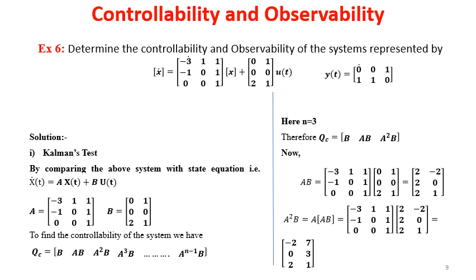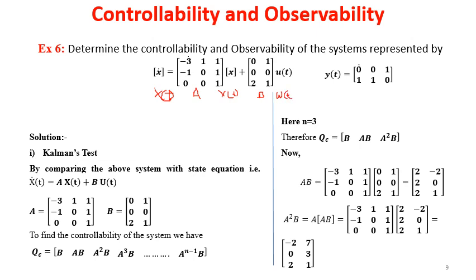First, using the Kalman test, we compare the above system with the state equation, that is x dot of t equal to A x of t plus B u of t. So this is x dot of t, this is A, this is x of t, plus B u of t.